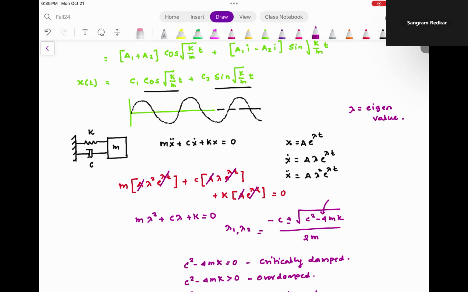The second case is you open the door and then the door actually closes very smoothly without hitting the frame. This is the critically damped case. And in the overdamped case, you open the door and the door takes a very long time to get back to its initial position. That is the case of an overdamped system.